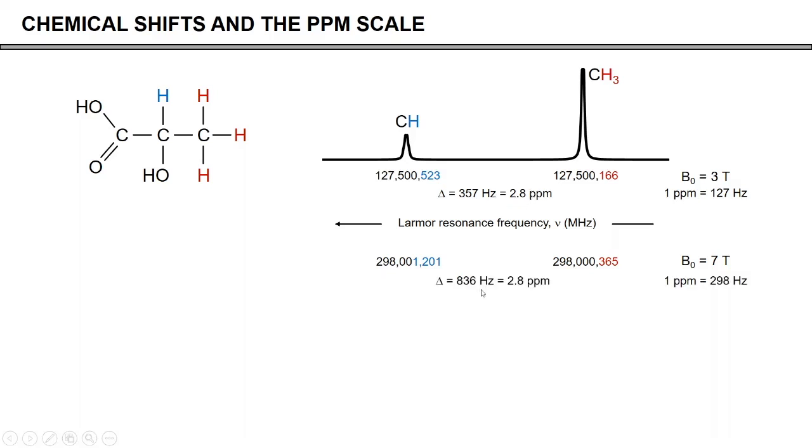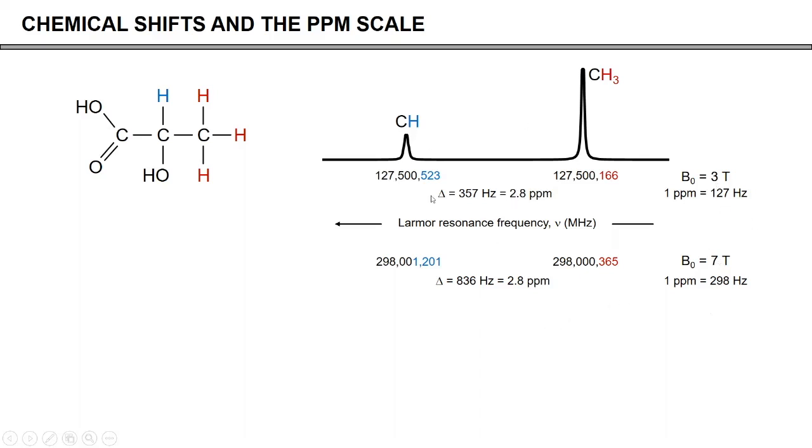At 7 Tesla, the frequency difference between the two resonances in Hertz is much larger. However, the Larmor frequency is also larger, and therefore if we express the frequency difference in ppm, we also get 2.8 ppm. So it is very convenient to express frequencies in parts per million, because then we're talking about the same number at different magnetic fields.